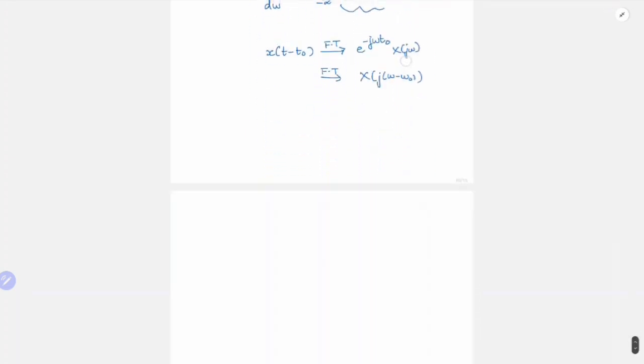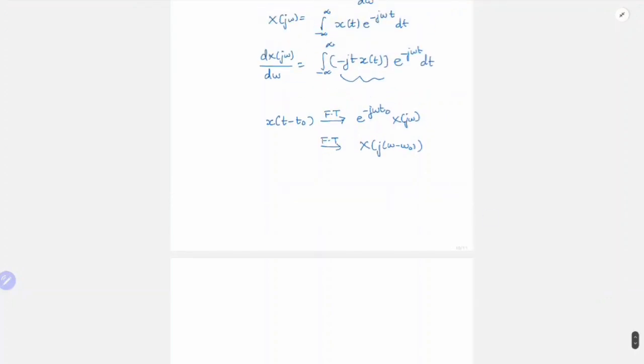So we also expect to get some phase factor in the time domain. So let us see. Again, X of j omega is nothing but the integral of x of t e power minus j omega t dt. So X of j into omega minus omega naught is the integral from minus infinity to infinity of x of t e power minus j into omega minus omega naught t dt.